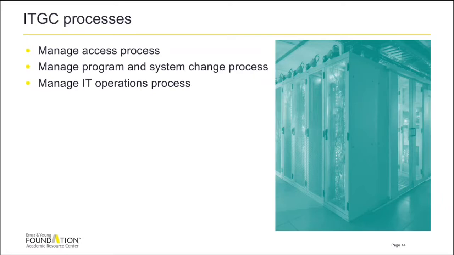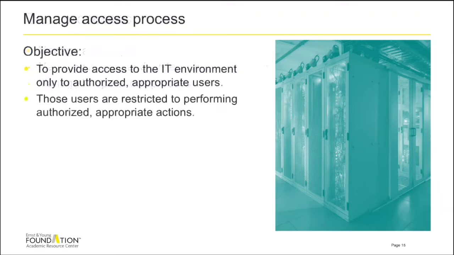The managed access process, where the ITGC is managed access, then the managed program and system change process, and managed IT operations. So these three are the broad classes of ITGCs that should be present within a company or the IT environment of the company.